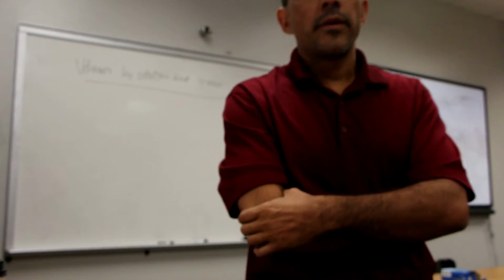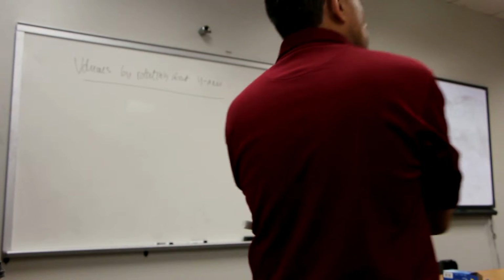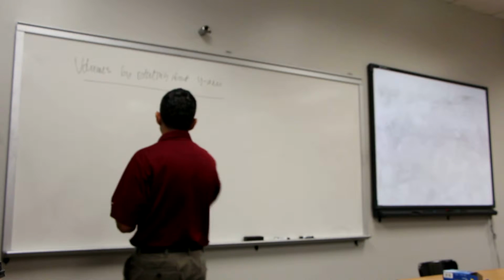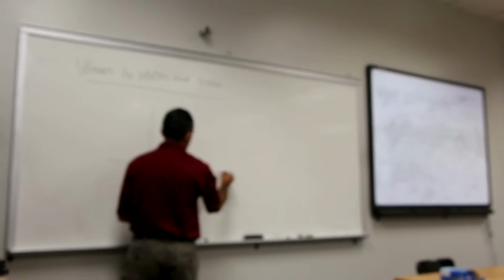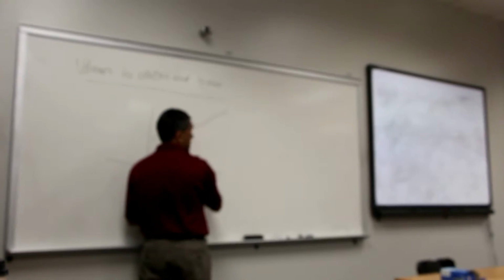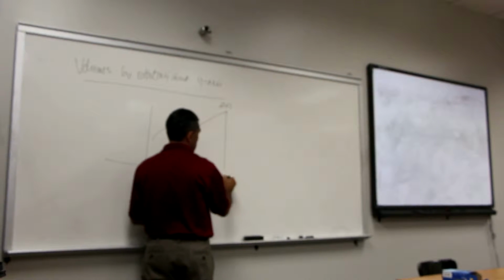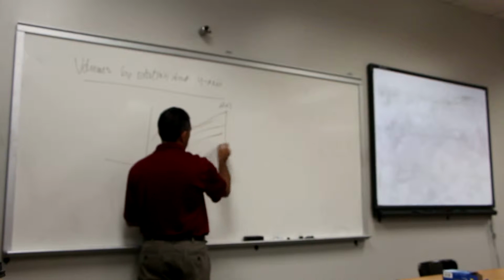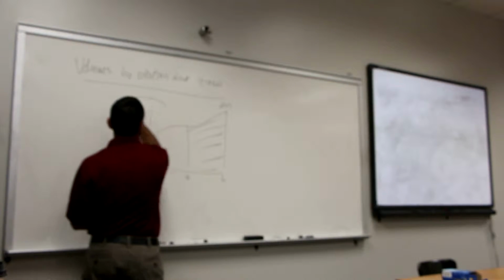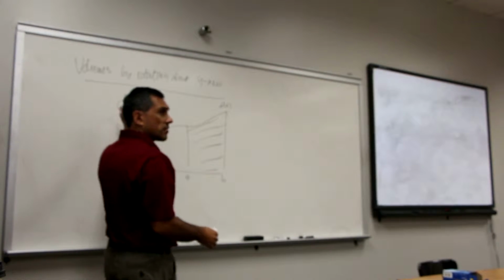Yeah, exactly. So what you want to do here is you have a function, and you look at that function between A and B, and you look at that shaded area there, and you want to rotate it about the y-axis. You will create a volume.